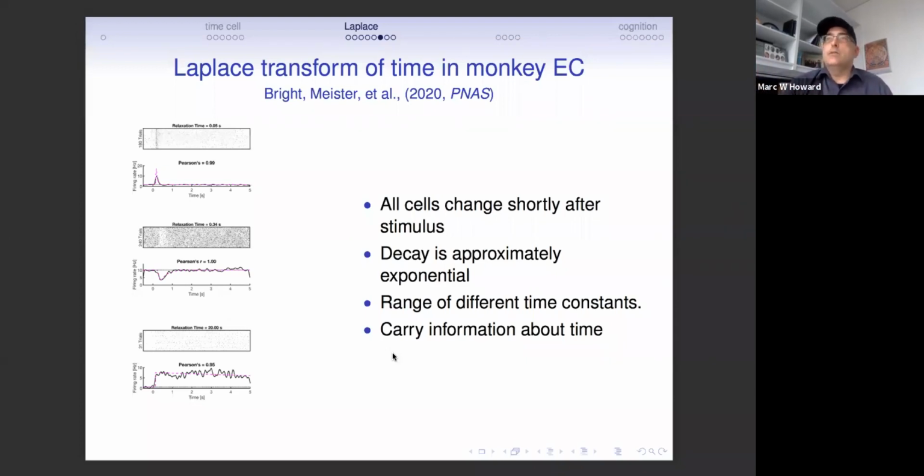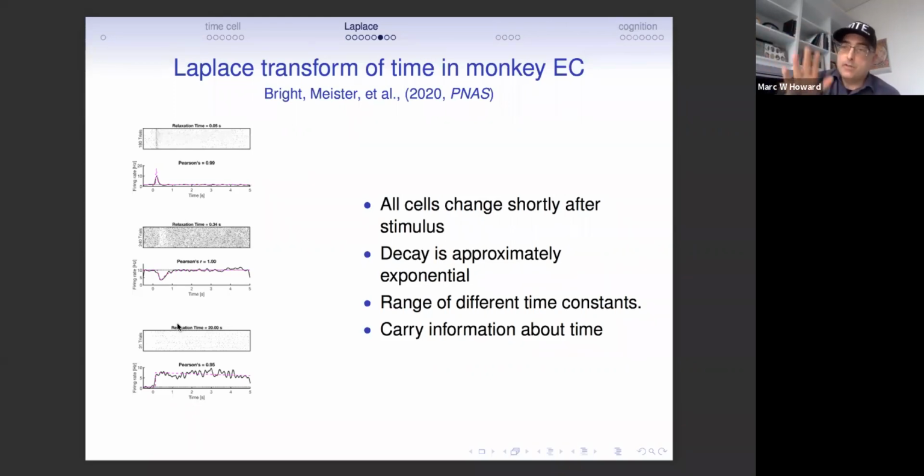And the monkey we're recording from the entorhinal cortex, and the monkey just sees a picture every so often. And we're syncing to the time at which the picture is presented, and that's it. And so a bunch of pictures are presented. And I'm showing you 3 cells that, rather than firing sequentially, all change their firing.